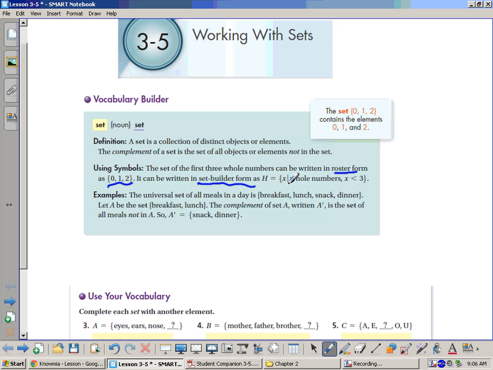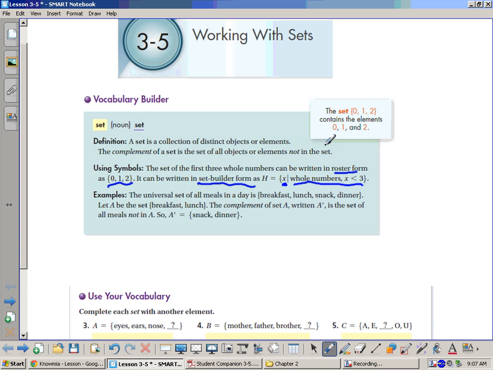When you're doing it in set builder form, you're going to start with a variable that's going to represent the set, and then you describe what that variable is by saying that we're dealing with whole numbers, and whole numbers are numbers that do not have any decimals with them. So the whole numbers, where x has to be less than 3.